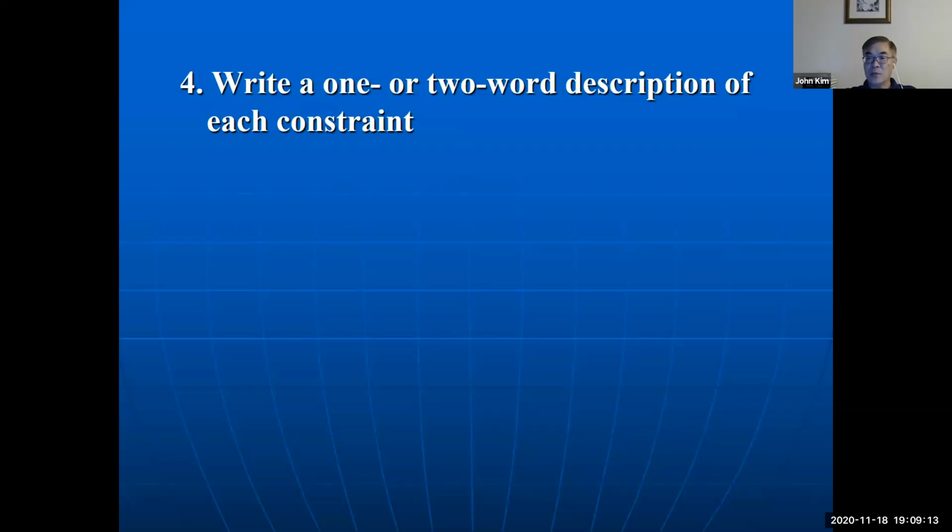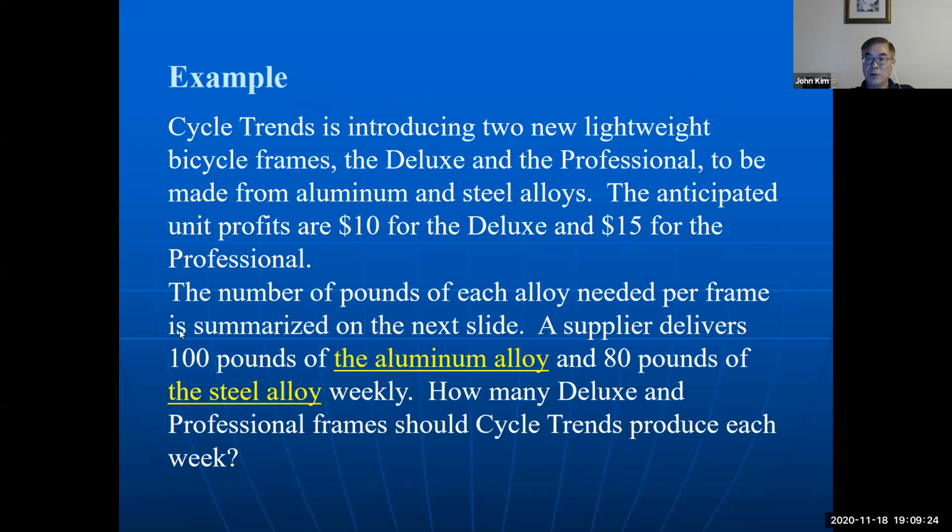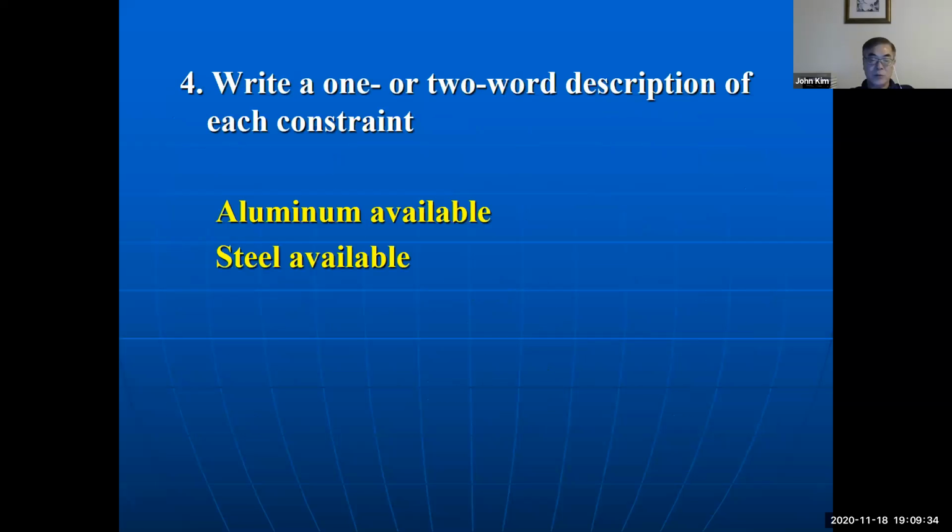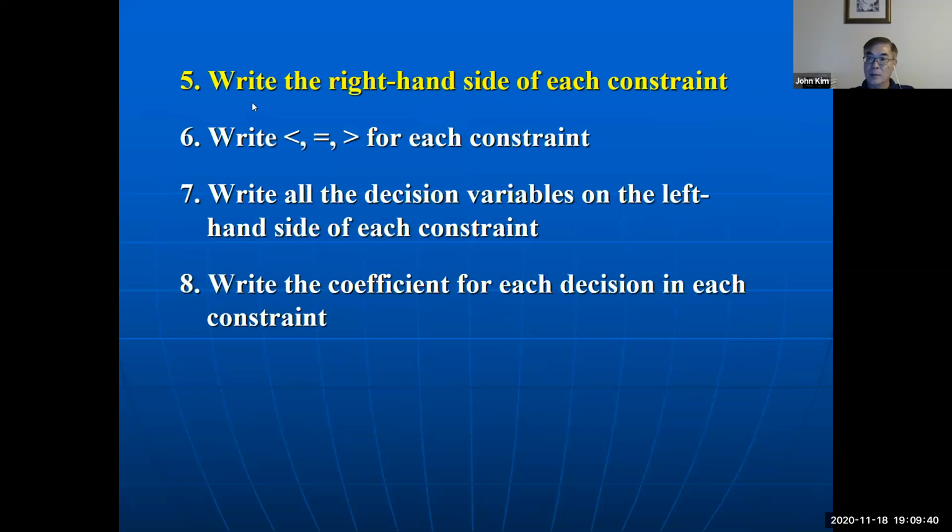And then next is the constraint part, the limited resource part. So aluminum and steel, the resources are limited, 100 pounds and 80 pounds. So there are 2 limited resources, aluminum and steel. And then the right hand side, from the sign, the right side is the right hand, and the left side is the left hand.